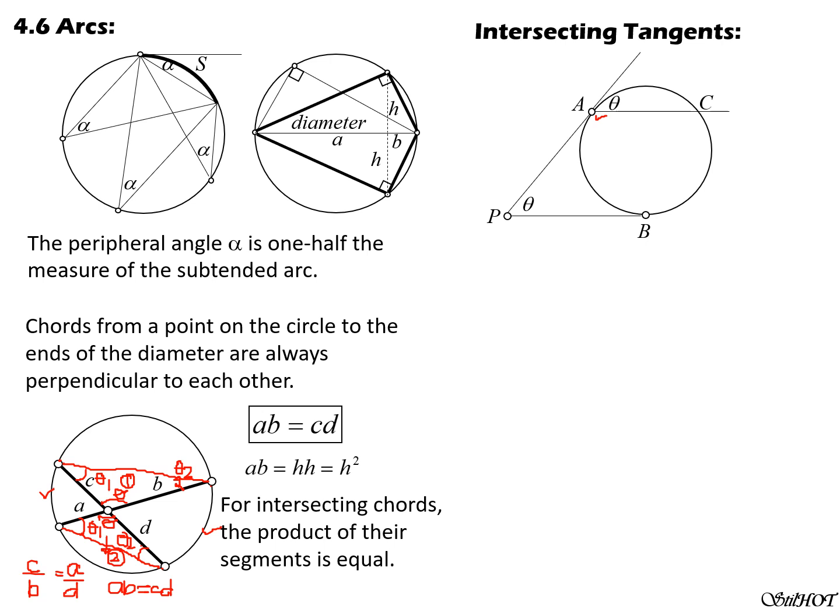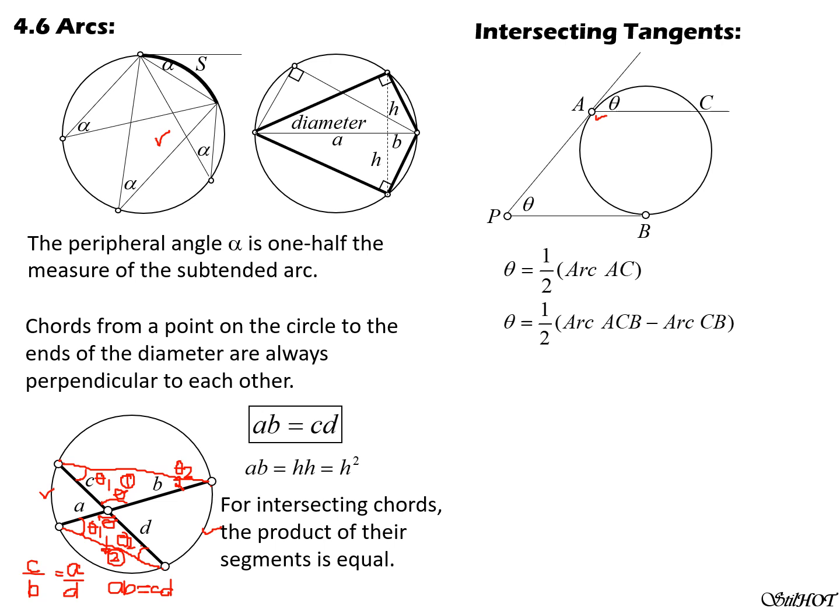And let's introduce this point as C. So theta subtends arc AC. So theta is 1/2 arc AC by the principle here. And arc AC is equal to arc ACB minus arc CB. So 1/2 of arc ACB minus arc CB.